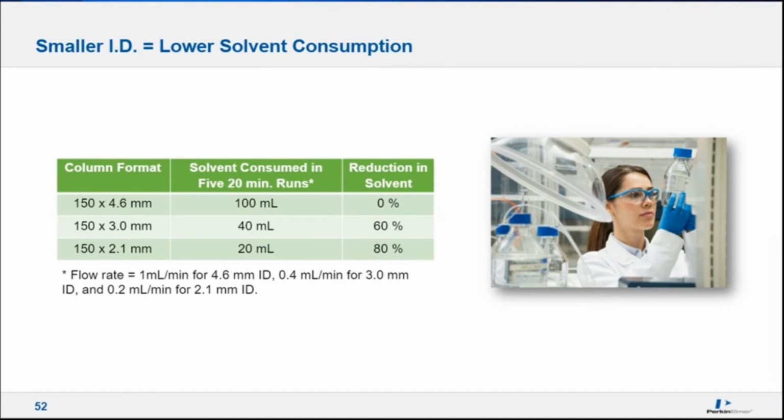If we further reduce the column internal diameter to 2.1, we now reduce the total solvent consumption for 5 20-minute runs to 20 mils total. And we now experience an 80% solvent reduction or savings in solvent consumed by utilizing the 2.1 millimeter ID column.